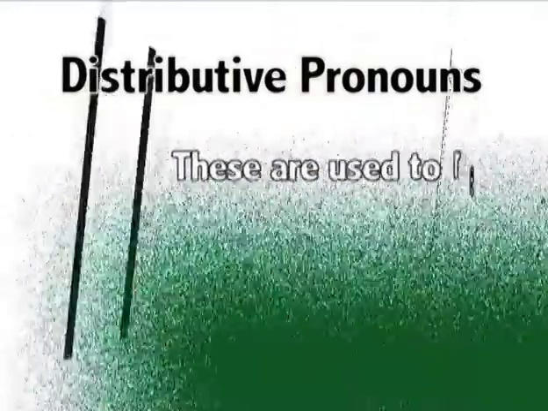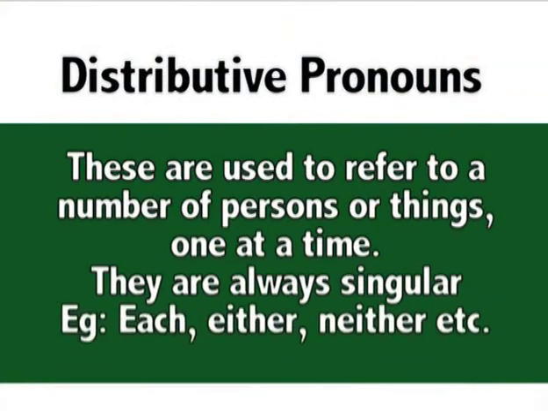Neither means none of the two. It's the negative of either. Either is any one of the two, neither is none of the two. So words like each, either, neither are examples of distributive pronouns, and don't forget they are considered singular.